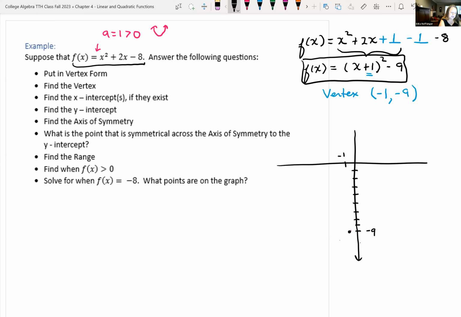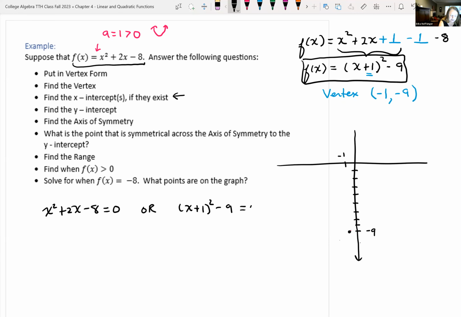So x-intercepts: we know that this is when our value of y is 0. So we're looking at when x squared plus 2x minus 8 equals 0. Or we can look at our vertex form, x plus 1 quantity squared minus 9.